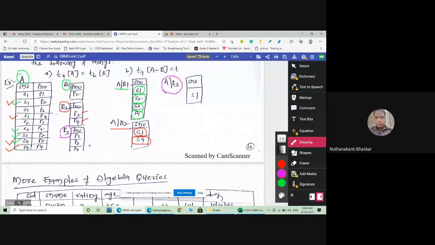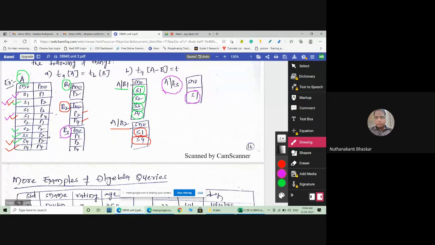Now P1, P2, P4. Check for S1, is there P1, P2, P4? For S1, yes, P1 is there, P2 is there, and P3 is there. Yeah, P3 is there, but I don't want it. P4 I want. Yes, P4 is there. Then S1 is divisible, 100%.